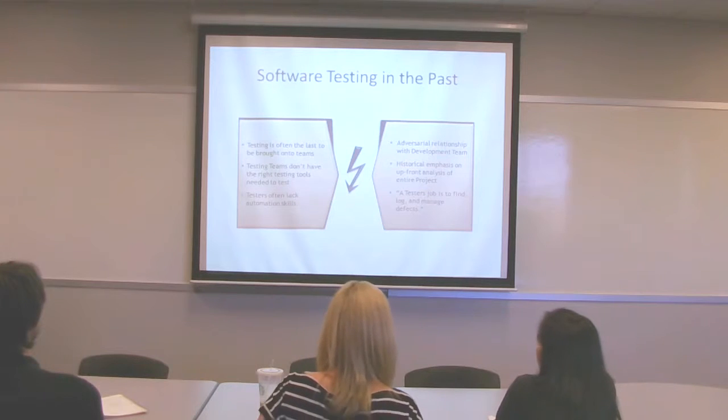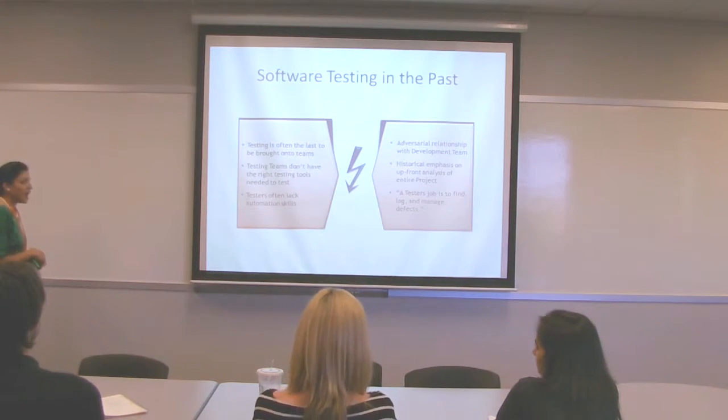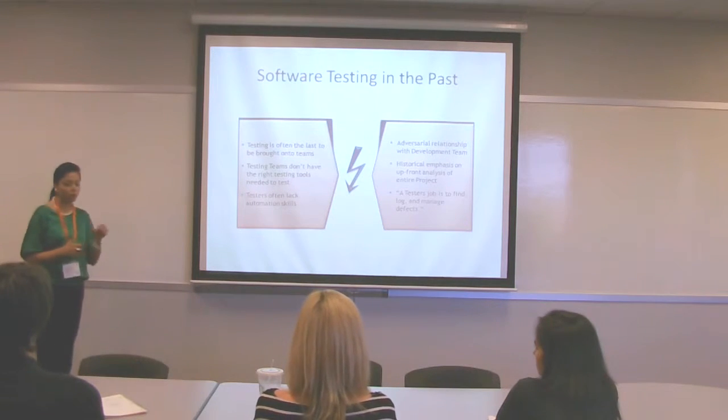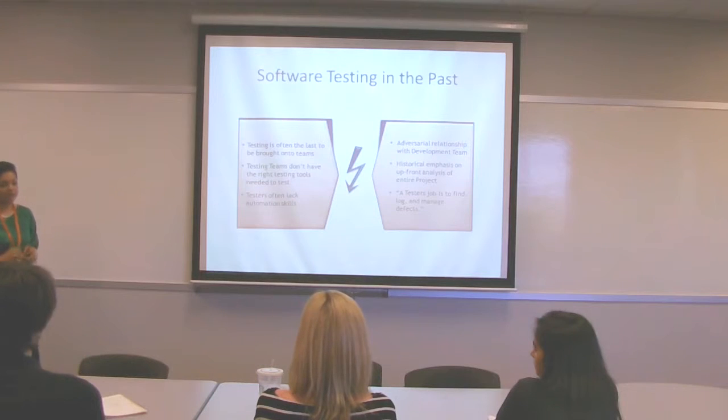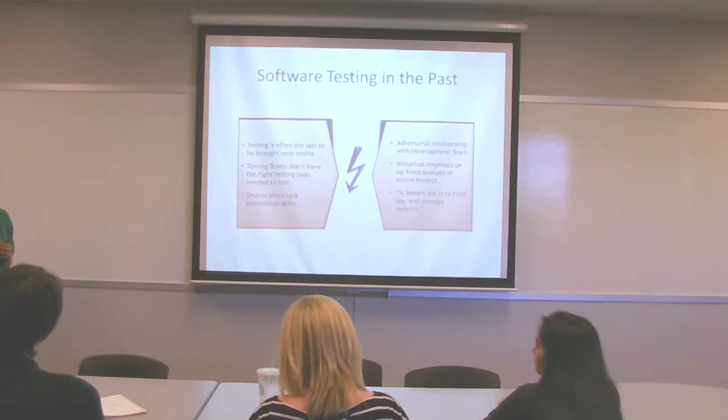Testing teams don't have the right testing tools needed to test. I do not have any slide in my presentation about the tools, but here I want to quickly talk about some of them. HP ALM is used most widely of any testing tool.